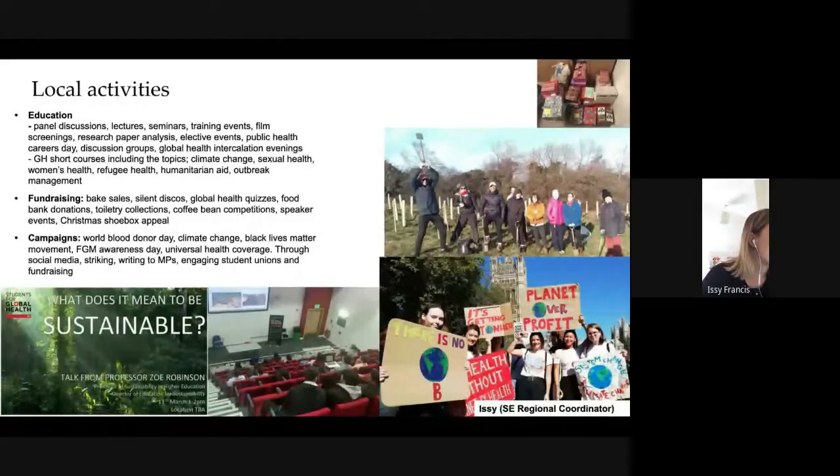In terms of education, branches have tackled a variety of topics from climate change to poverty to outbreak management. And they've done this in loads of different ways through lectures, such as you can see Keele University event in the bottom left of the screen, seminars, workshops and training sessions.